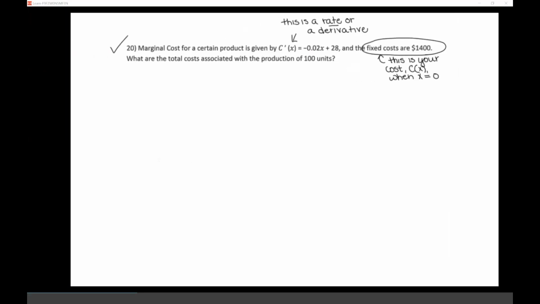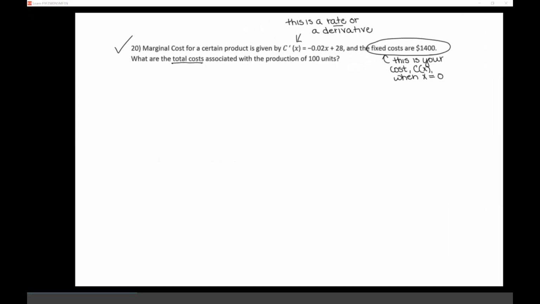All right. Now, they're giving me a marginal cost and they want to know what are the total costs associated with production. What operation gives you total costs from marginal costs?